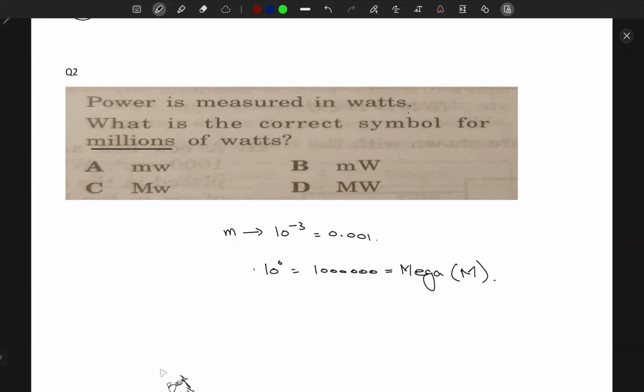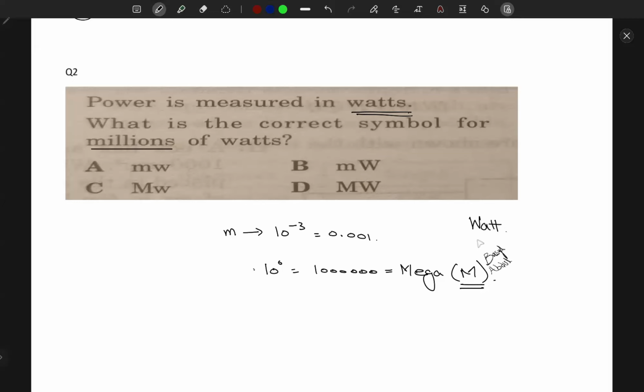So it's mega, and the symbol for that is capital M. Now we have figured out that we'll use megawatts, so the symbol is capital M. But what about the unit? Watts would really be a capital unit, right? Because whenever we define a unit based on a scientist, watt is defined on the scientist whose last name was Watt.